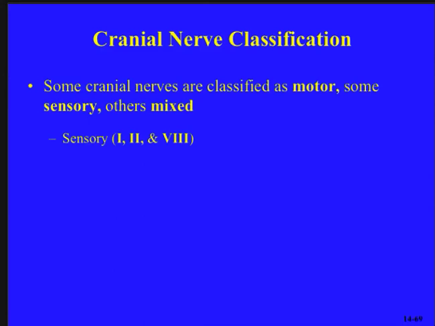The classically classified sensory nerves are 1, 2, and 8. Okay, so that's the olfactory, the optic, and the vestibulocochlear. Now, again, this is using classifications that clinicians have been utilizing for a long, long time.